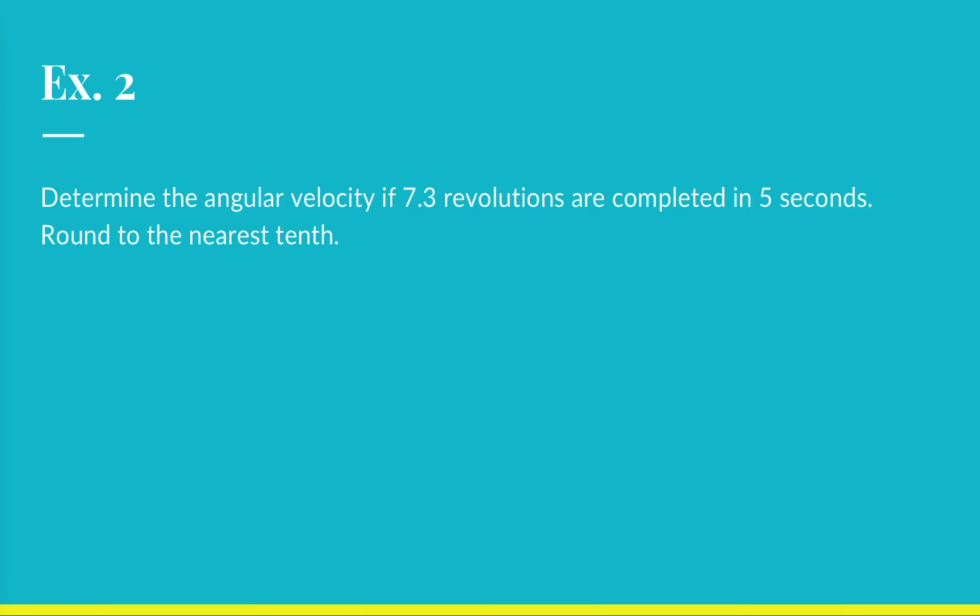So the angular velocity of 7.3 revolutions in 5 seconds. We want this in radians per second, so multiply by 2 pi radians in 1 revolution. Revolutions cancel, and we get an answer in radians per second, which is what we want.